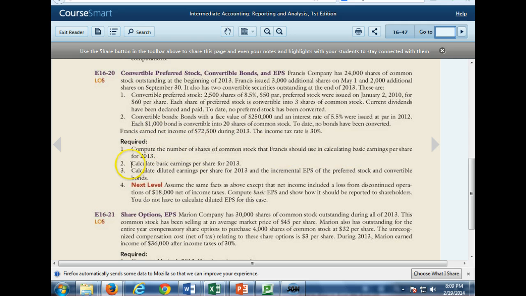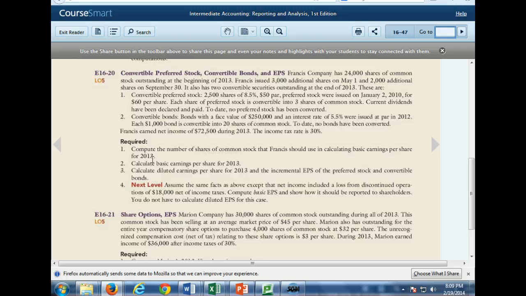The diluted earnings per share would be this one. Diluted is where we assume the bonds and the preferred stock have been converted. But on basic earnings per share, we're only using those weighted averages. Diluted is taking all those instruments that can be converted to common stock and converting them.